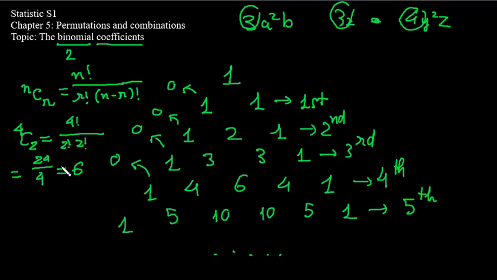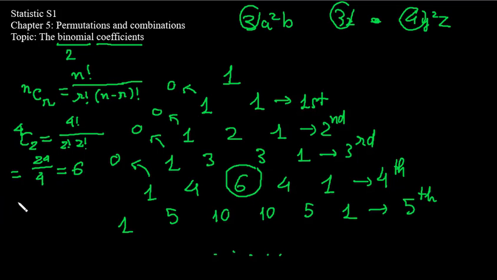So from this, we can indicate a number like this. You can see that the 4 is the number of the row, choose the position of the number. Position is 2, so we can find this value from this equation.